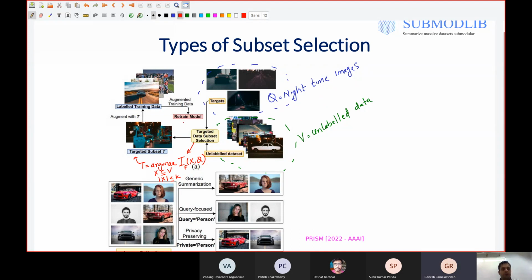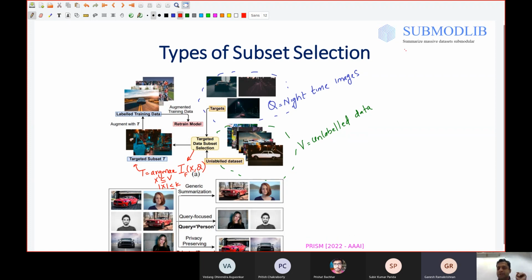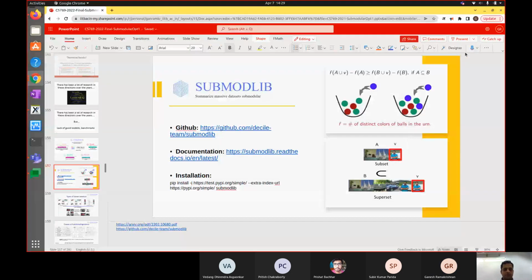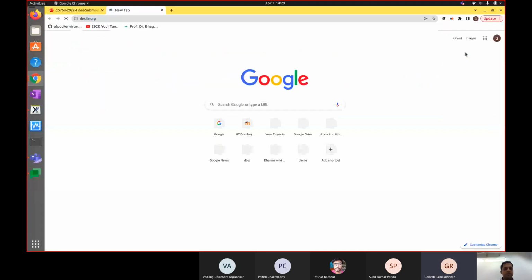We'll talk about scaling. This is part of the submodular library, but specifically we have a library called TRUST within DECILE, where this is implemented. So decile.org.